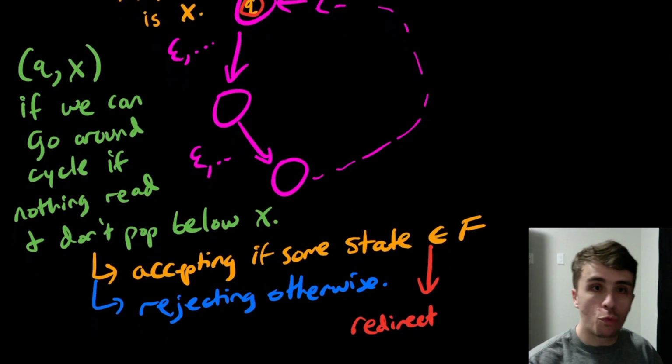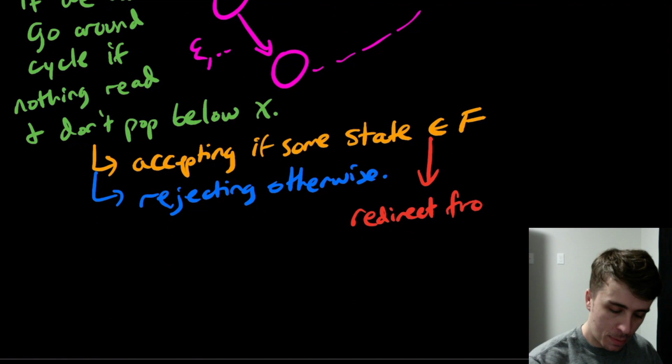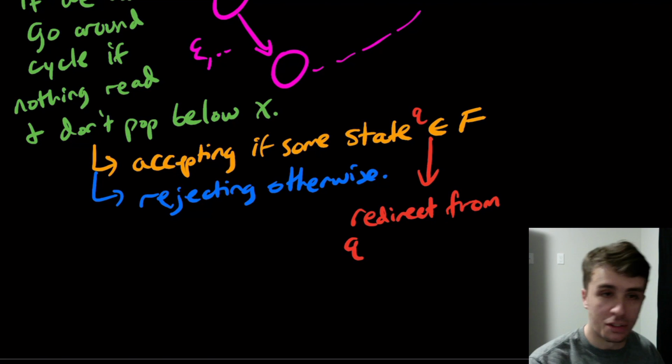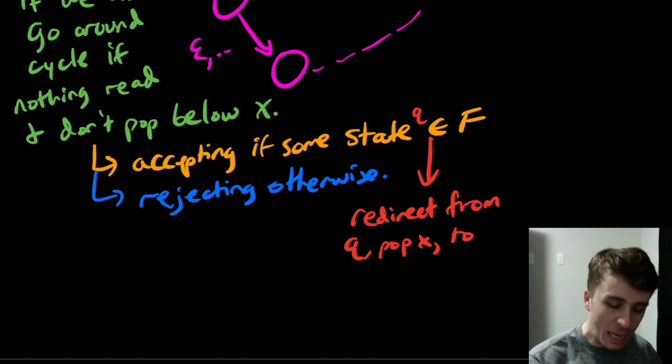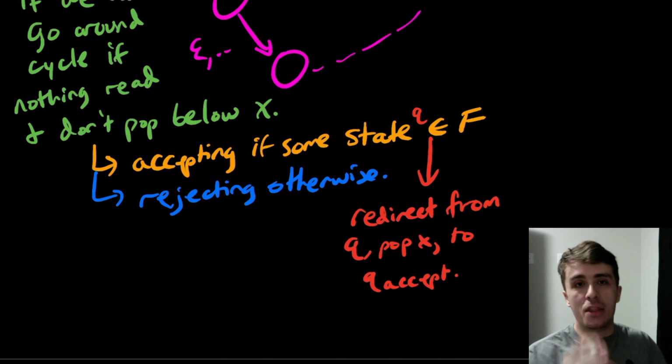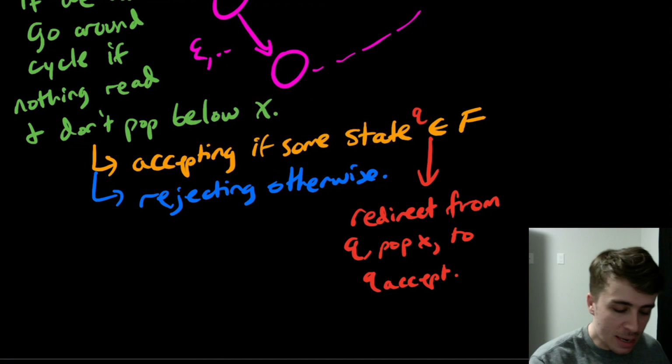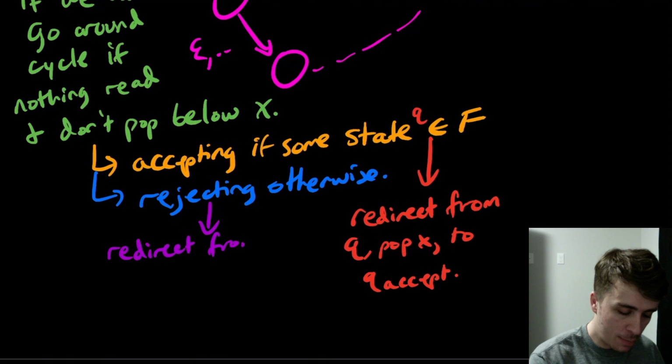So we'll redirect from state Q, which is a final state, popping X to that state Q accept. Because Q is already an accept state, we'll just redirect going to the accept state. And what you can probably guess is that for the rejecting one, we'll redirect from Q popping X to Q reject.